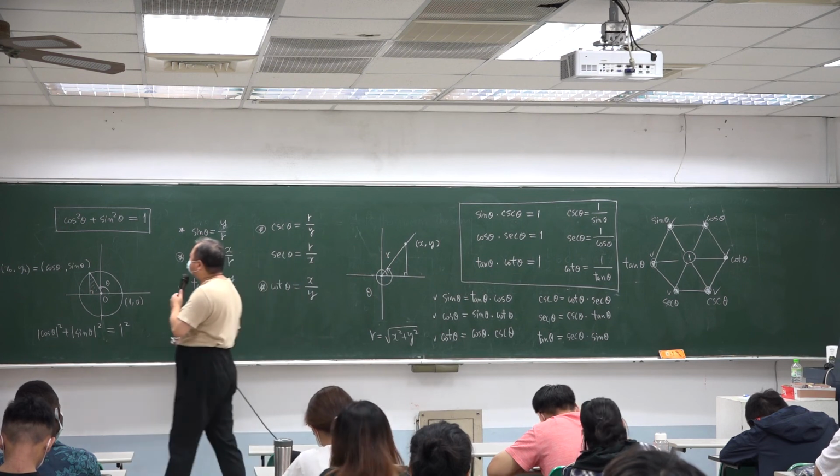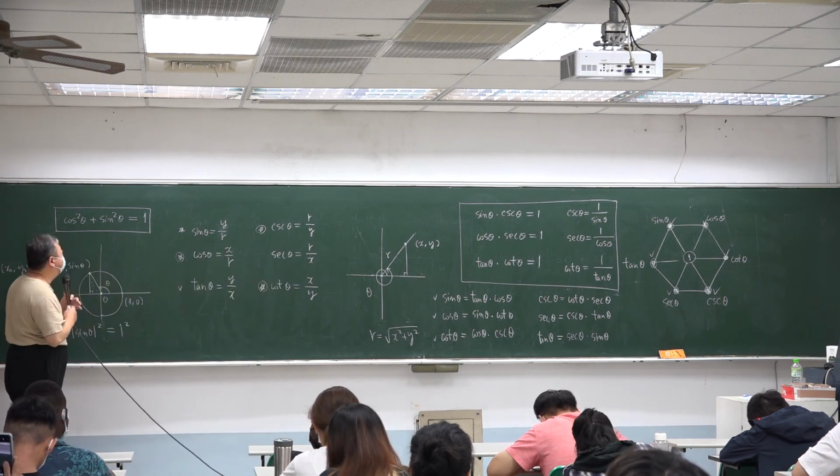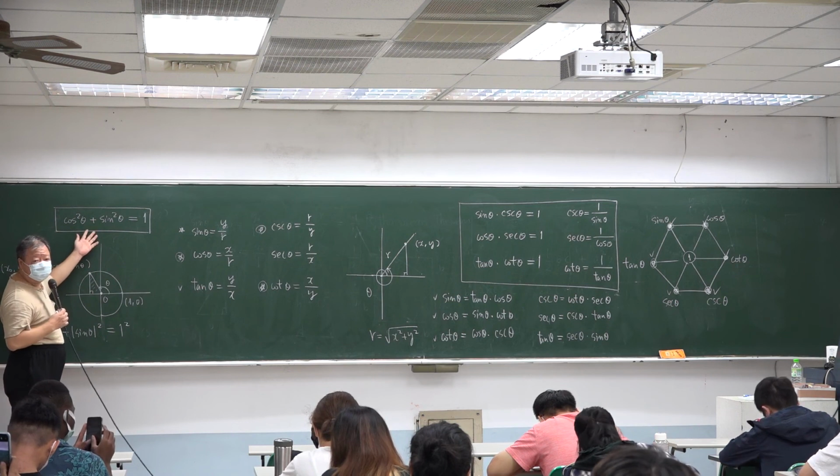Okay, finally we have, how to say this? Oh, the Pythagorean identities.